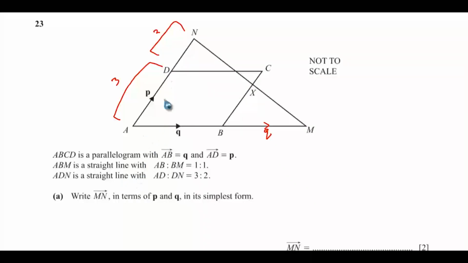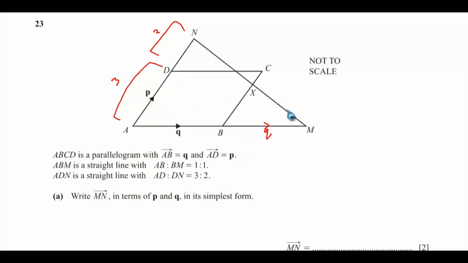So we can get the value of DN and we can get the value of AN since we are given this ratio and the value. So the first question, write MN in terms of P and Q in its simplest form.